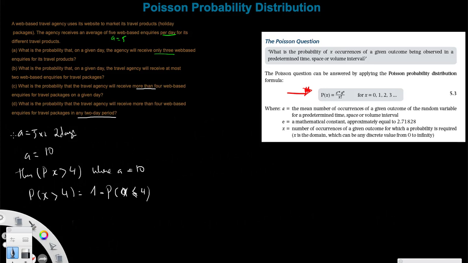That's why we go back to the complementary rule. And now I'm going to rewrite it again. I'm sure by now you know how this will go. Plus P x equal to 3 plus P x equal to 4. Then I close my bracket.